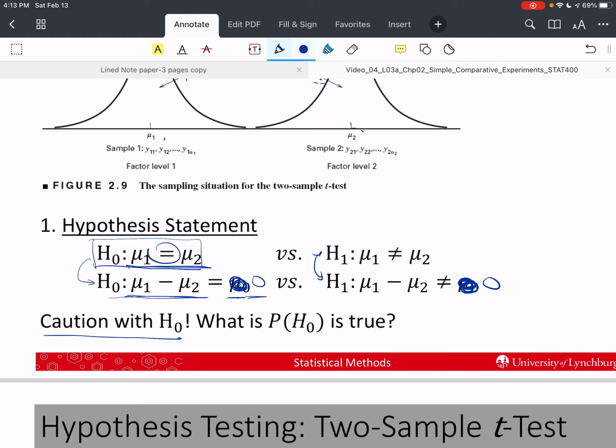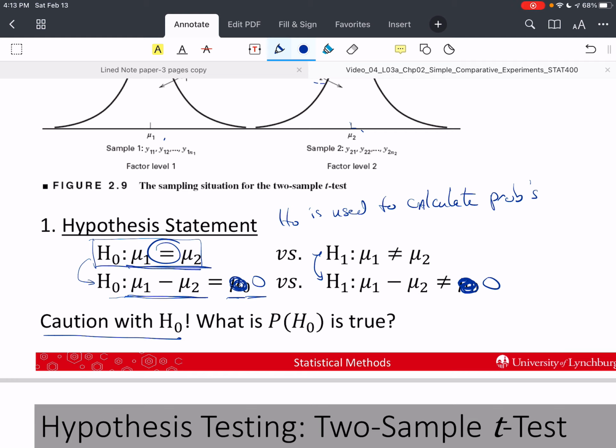Remember that because we have an equal sign here, the probability that the null hypothesis is actually true is 0. We're using the null as a baseline, so H naught is used to calculate probabilities.